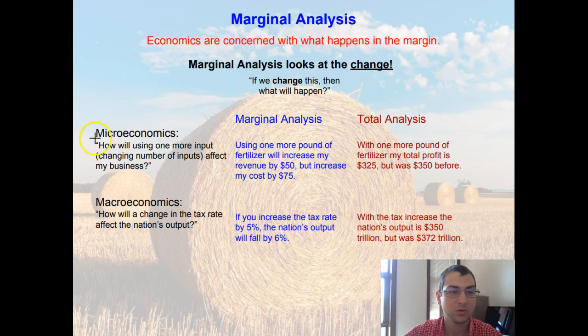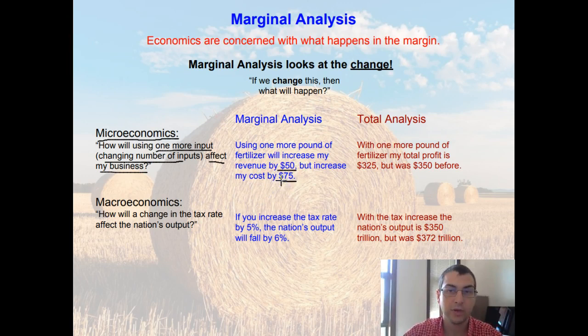So if we ask a question from the microeconomic standpoint of something along the lines of how will using one more input, we're changing the number of inputs, affect my business? The marginal analysis might look at using 1 more pound of fertilizer will increase my revenue by $50 and increase my cost by $75.